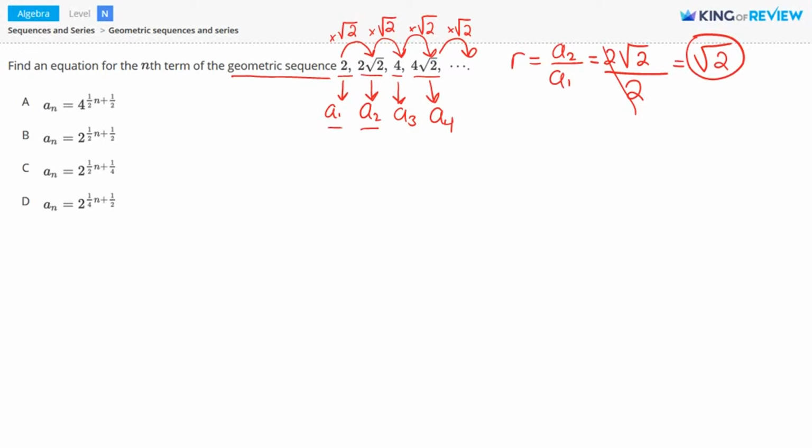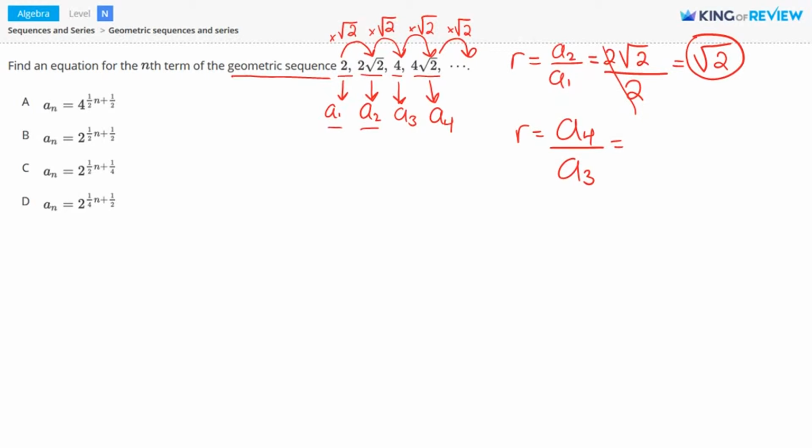Now I chose A2 and A1, but you can compare other terms as well. Let's look at A4 compared with its previous term, which is A3. So whichever term you pick for the numerator, you must compare that term's previous term for the denominator.